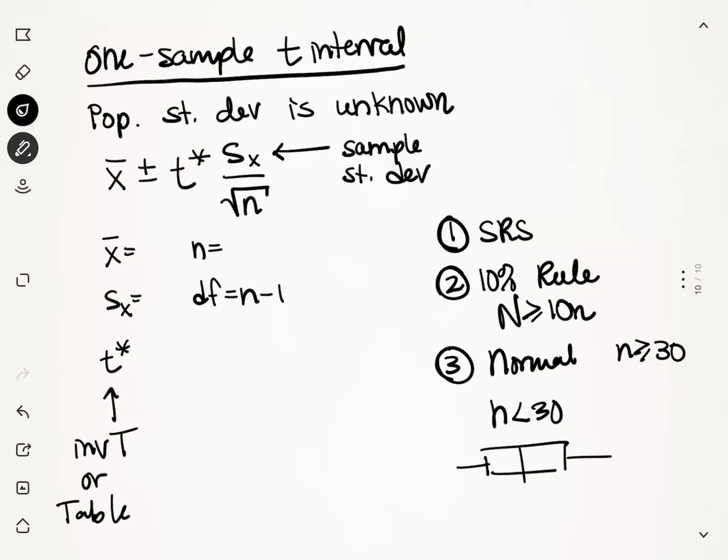All right, so I want to actually talk about a branch of this one sample t interval. We call it a paired t interval. Now, this paired t interval is really just a one sample t interval.